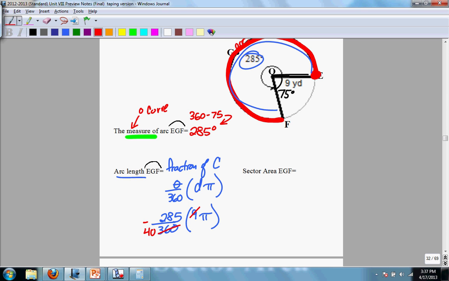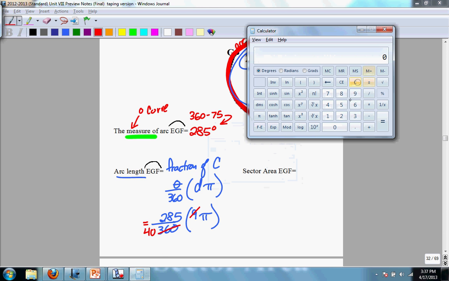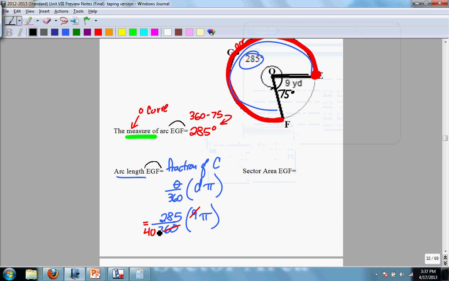Then I'm going to ask what goes into both 285 and 40, which is 5. So 285 divided by 5 is 57. And 40 divided by 5 is 8. So I have 57 over 8 pi.